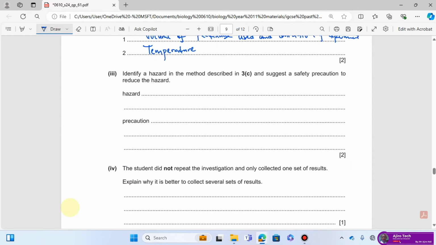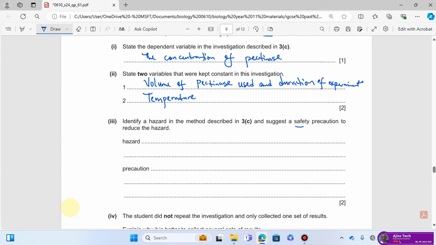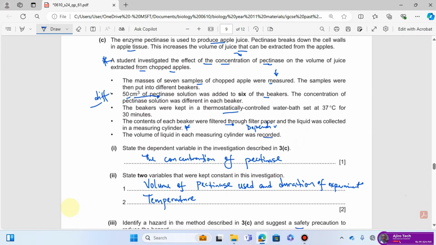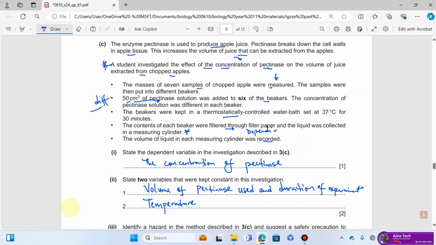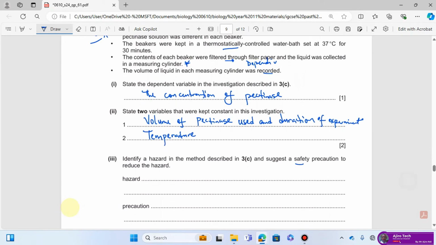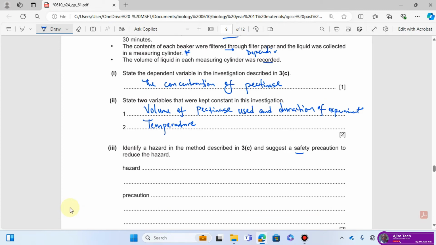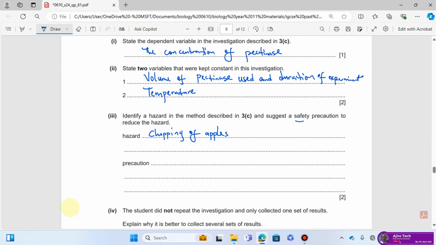Now it says identify a hazard in the method described. What hazard and safety precaution do you expect? Since you are chopping the apples, you have to be careful you don't hold the apples in your hand to chop. You chop on a hard, flat surface. So chopping the apples is a potential hazard.